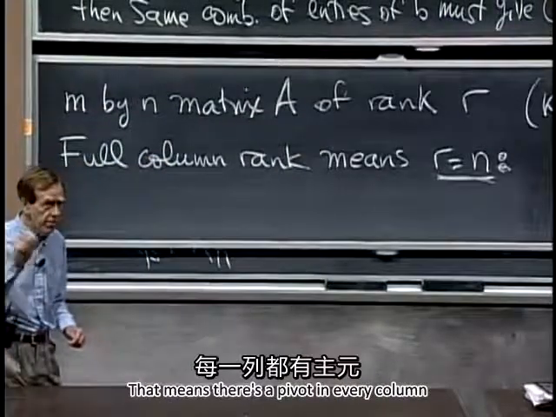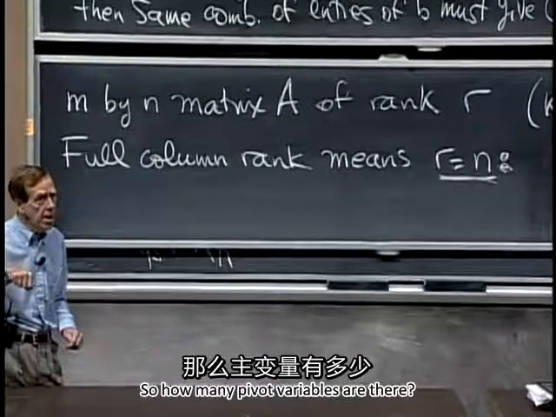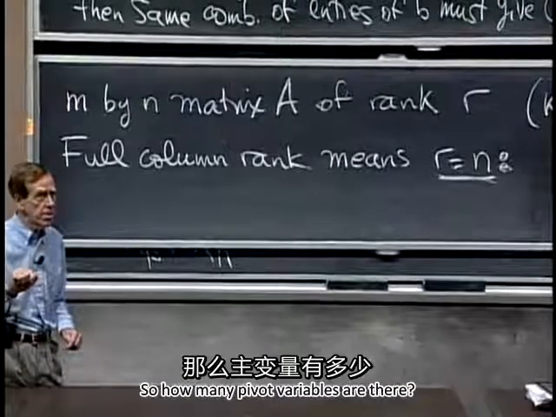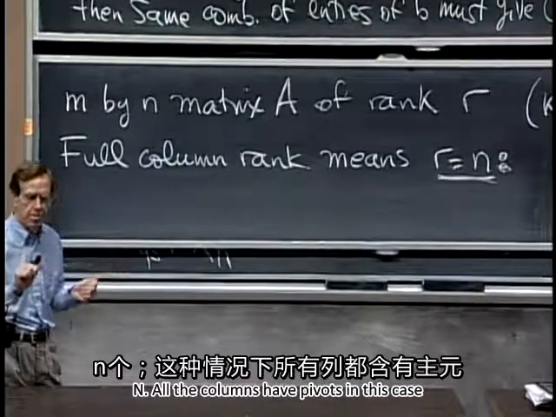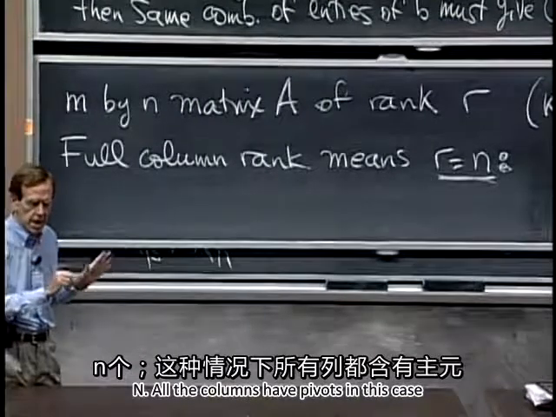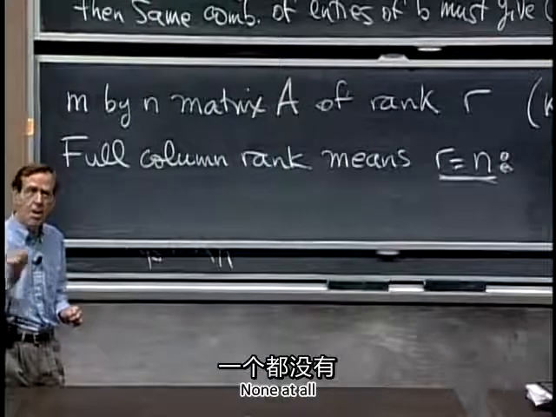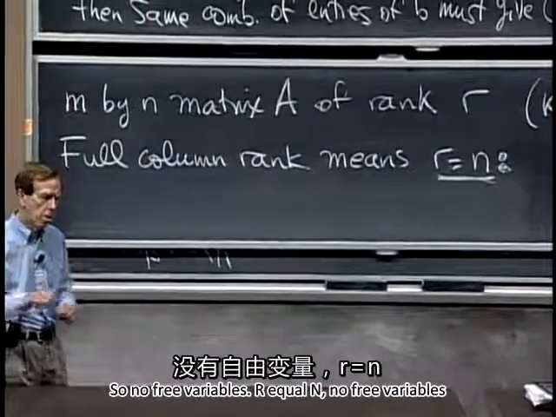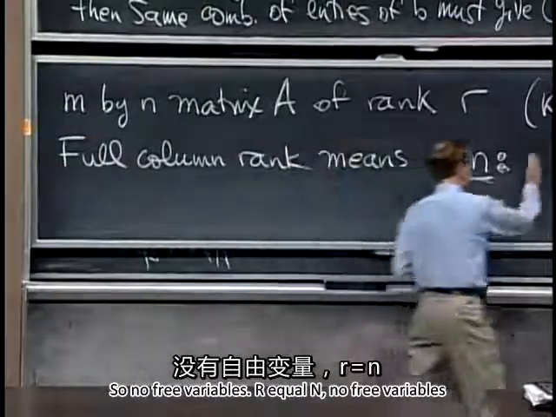That means there's a pivot in every column. So how many pivot variables are there? N. All the columns have pivots in this case. So how many free variables are there? None at all. So no free variables. R equal N. No free variables.